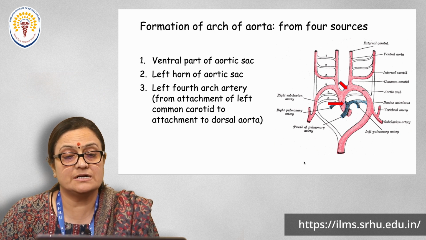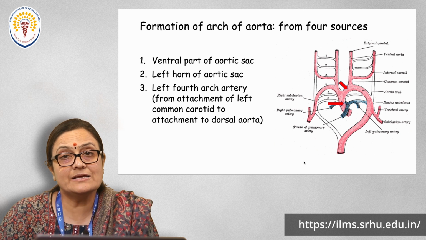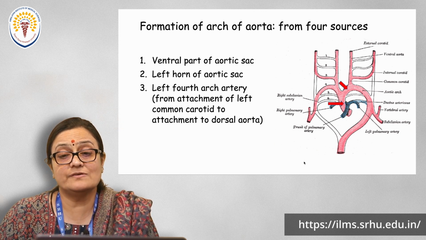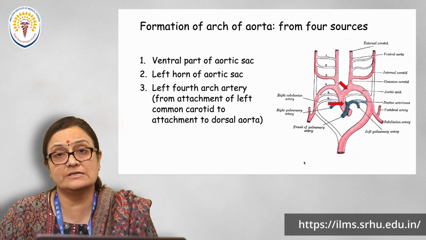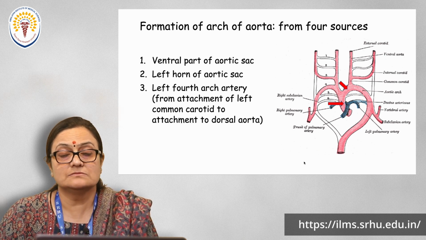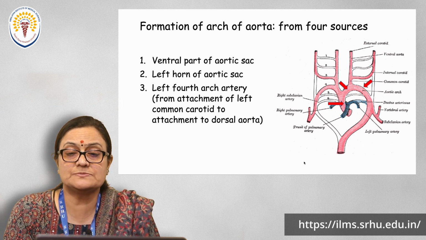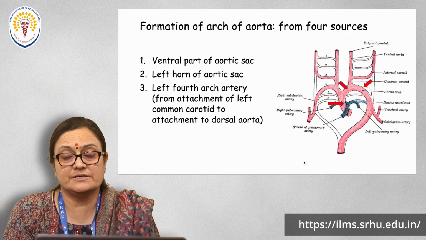If we specify again, it extends from where till where? This is from the attachment of the left common carotid to the attachment of the dorsal aorta. Only this much part of the fourth arch artery on the left side will form part of the arch of aorta. So, this is the third source.